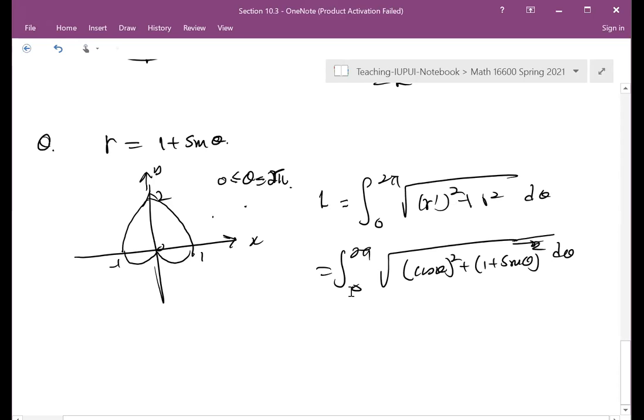So the question is, can I evaluate this? It looks pretty complicated, right? If you haven't done enough exercise, you were stuck here, you have no clue. Oh, that's too complicated. How can I do that? But if you did enough exercise, you will get an idea, at least you can move on.